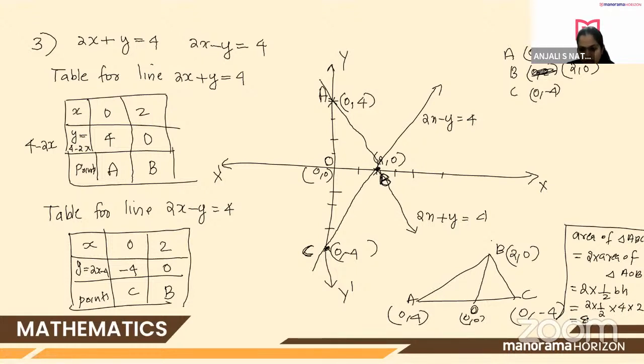That is equal to 8 square units. Area of triangle ABC is equal to 8 square units.